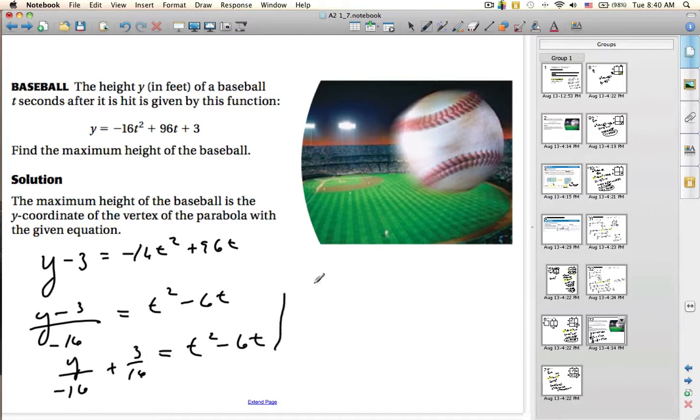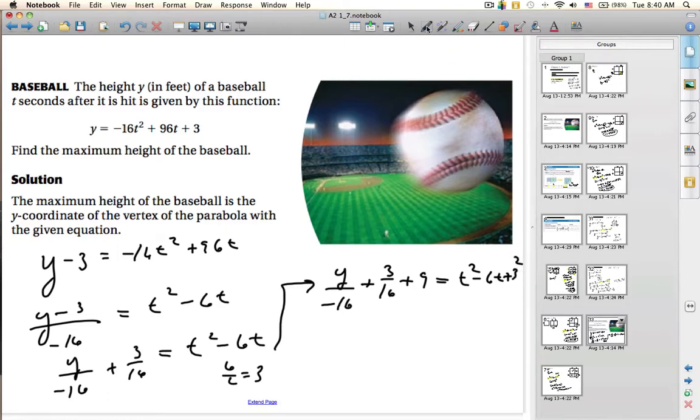Okay, if I bring this up over here and continue to work, I'll have y over negative 16 plus 3/16. And remember, I'm going to take negative 6, divide it by 2, that's negative 3. So I'm going to add 9 to this side, and I'm going to add 9 to the other side, but I'm going to add it as 3 squared.